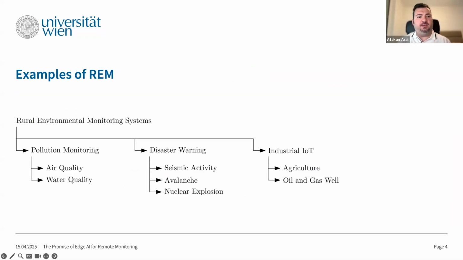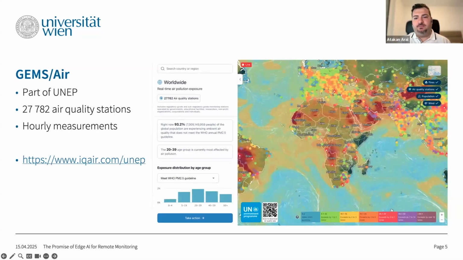Here there are some examples of remote environmental monitoring from my latest paper. I will give a few examples from public projects or nonprofit initiatives. I will not go into the details. I will give the reference to this paper if you are interested.